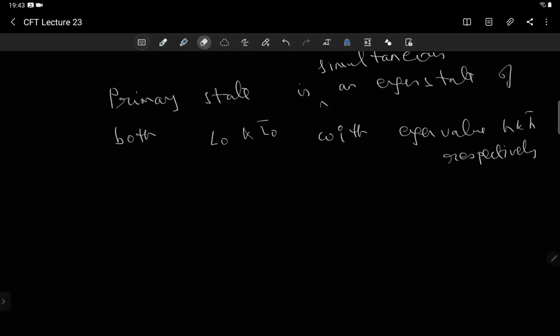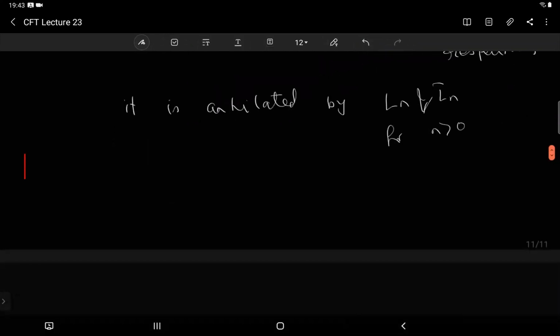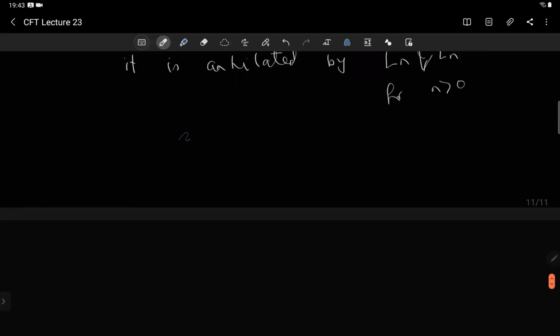And it is annihilated by Ln and Ln bar for n greater than 0. So you see, what is the definition?